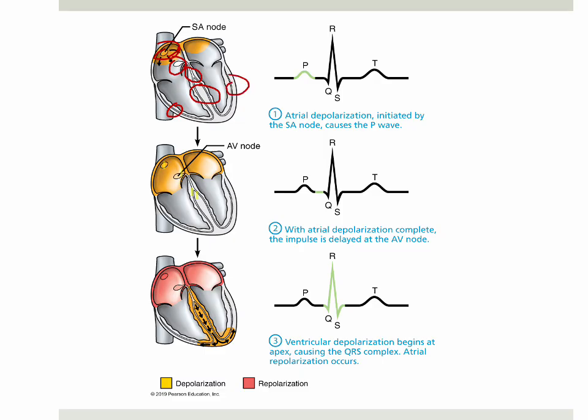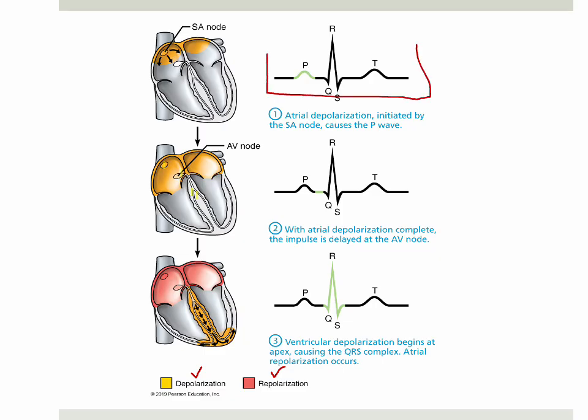Okay, and this is what is going to dictate the electrical activity and then the contraction and relaxation of the heart. Okay, we talked about what depolarization means and what repolarization means. Okay, so first piece, going back to the EKG.